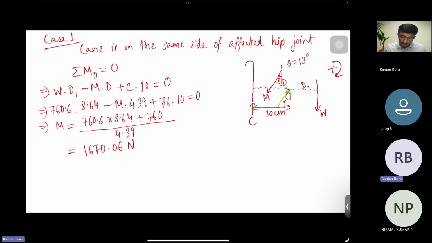So M will be this, and W, and this will be J. And this angle is 13. Let us take this angle as theta.